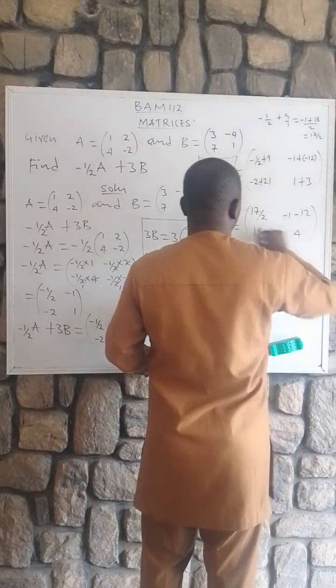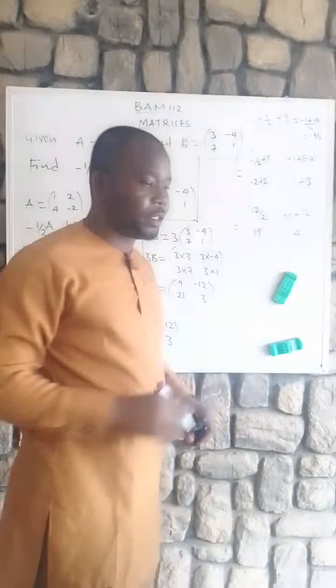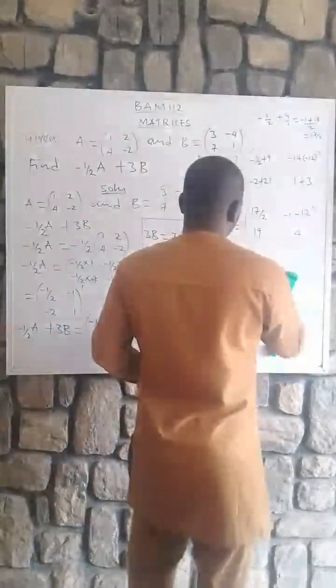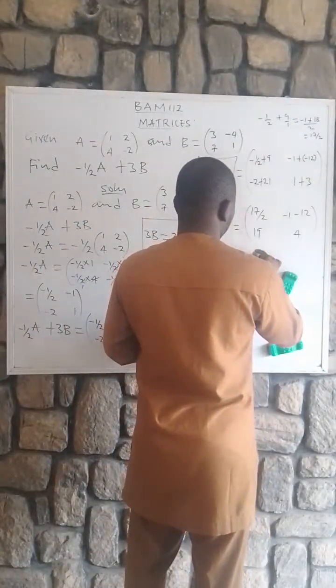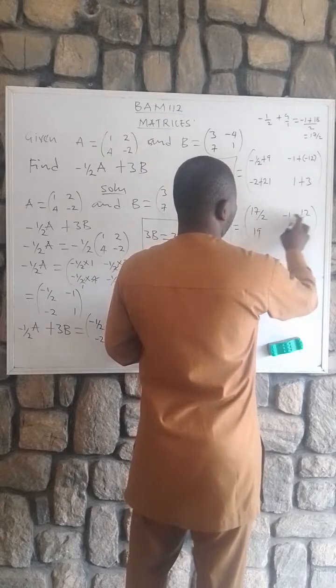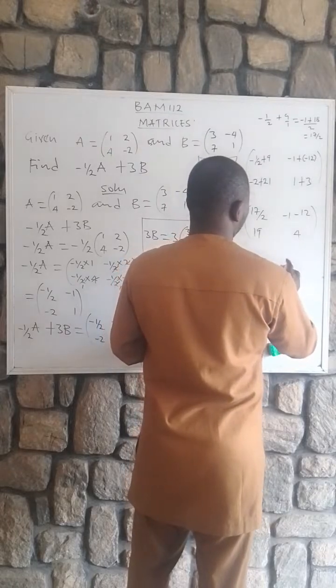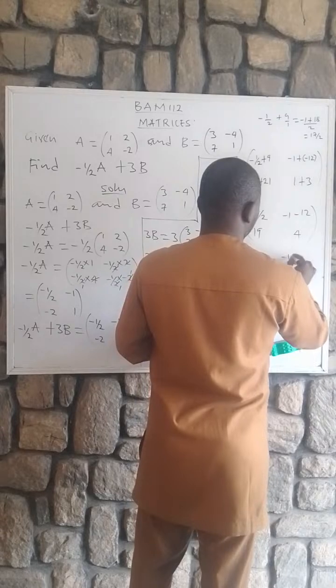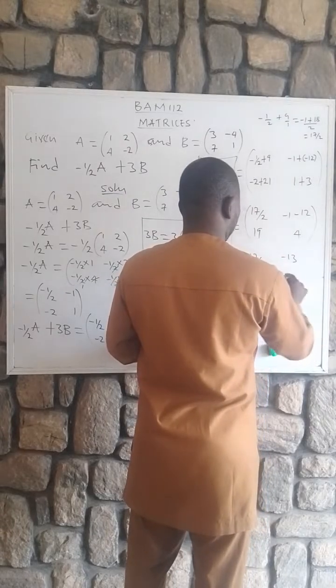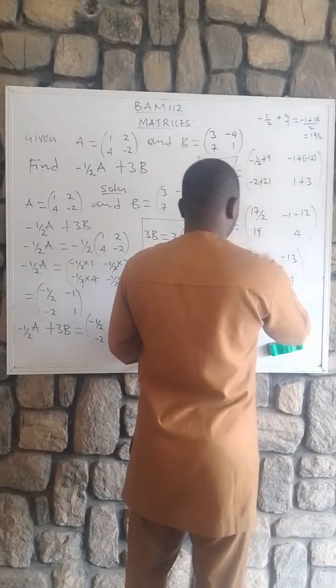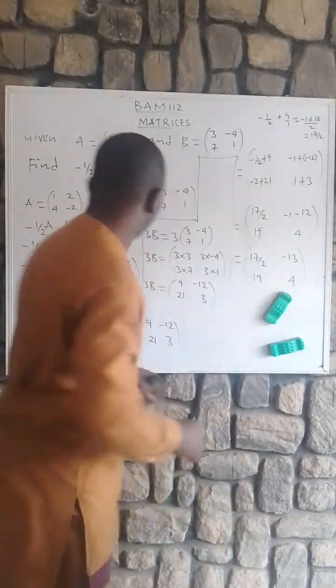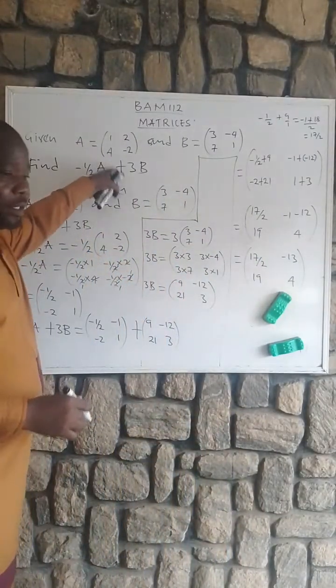Hope I'm correct. So we have [17/2, -13; 19, 4]. This is how you are supposed to obtain this.